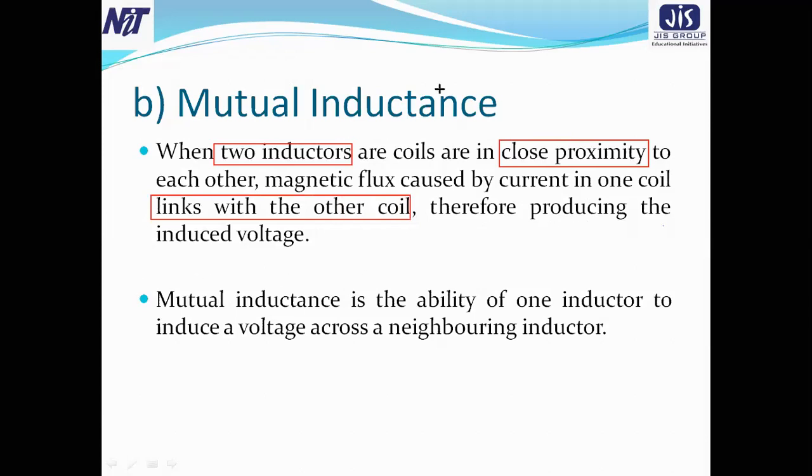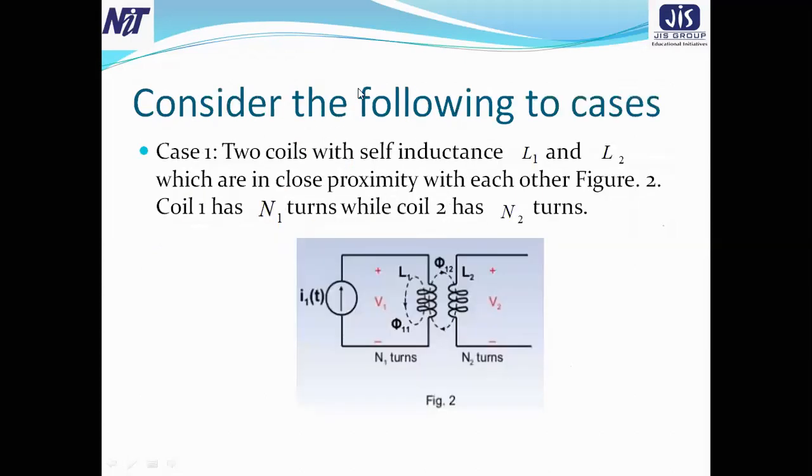So for that reason, the induced voltage is produced. Now, mutual inductance is the ability of one inductor to induce a voltage across a neighboring inductor. I think it is clear now to all of you what mutual inductance actually is.